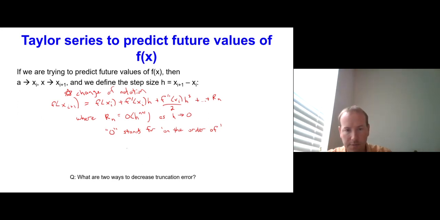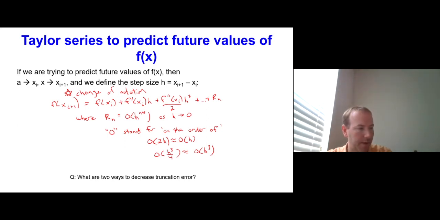For example, we say that 2h is on the order of h, because it's on the same kind of multiple of this variable. Or we might say that h cubed over 4 is on the order of h cubed. So it's saying just roughly about. And so what this is saying is that the error, Rn, this truncation error, is on the order of h to the n plus 1.